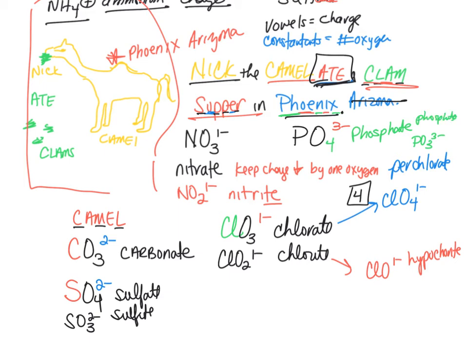Okay? So that's a starting point to how to gather those and memorize those. And now let's do some naming. The first one here, we still have PbSO4. You have to recognize that this is a polyatomic and this is sulfate, and you have to know that that's SO4 2 minus.